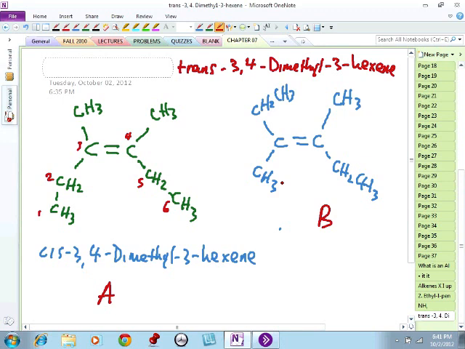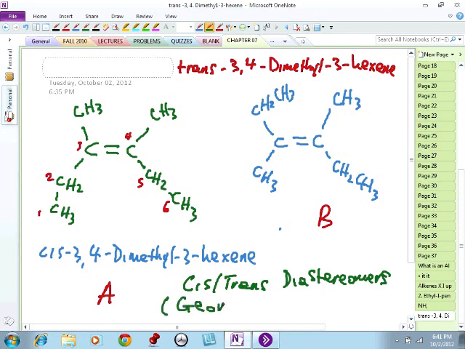These are called cis-trans diastereomers or geometric diastereomers.